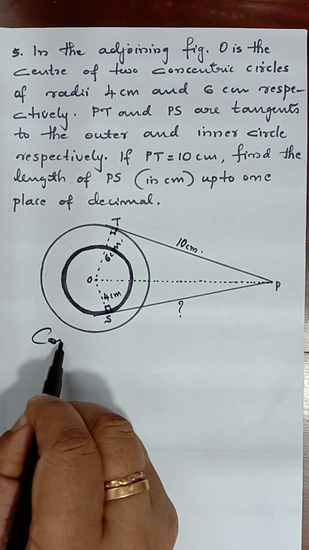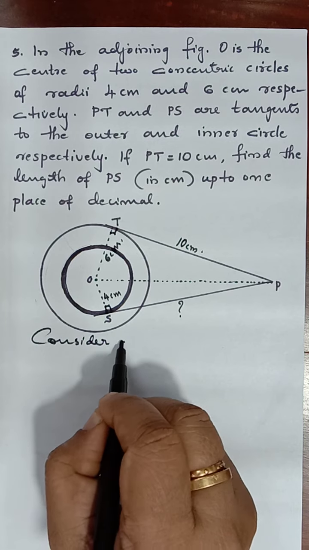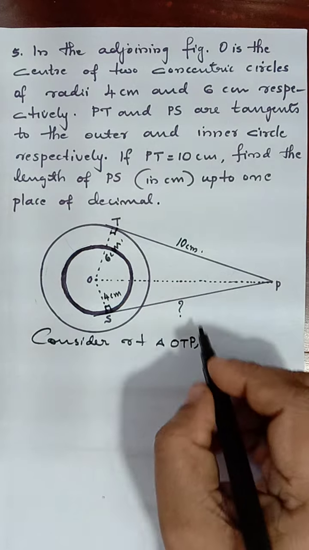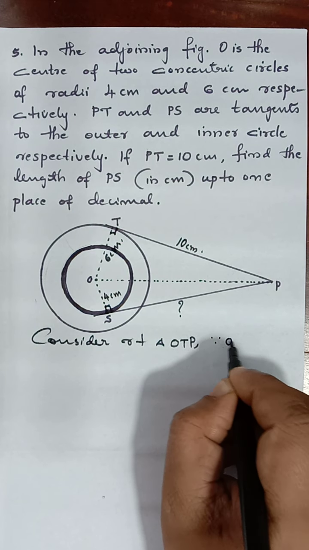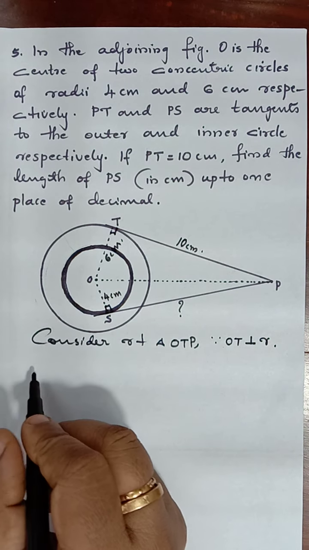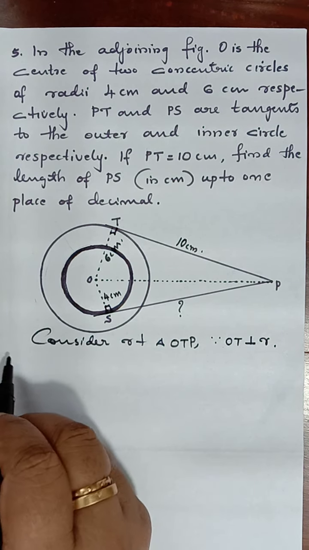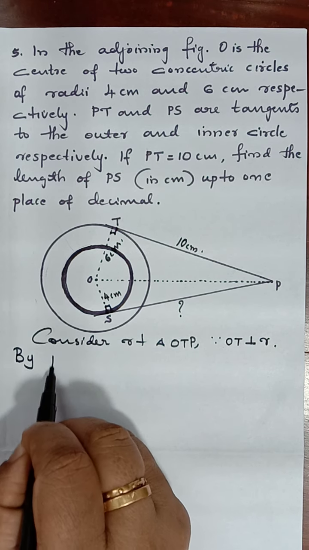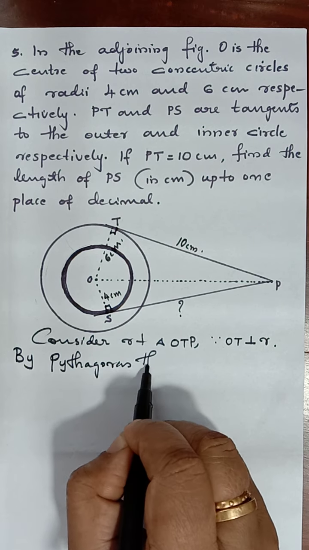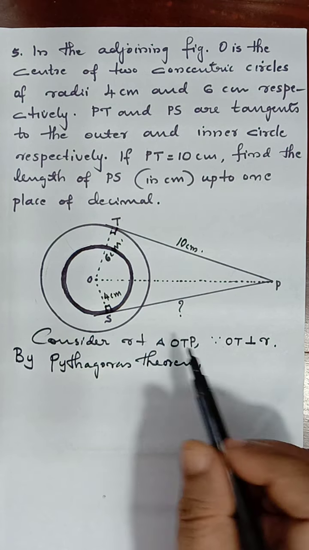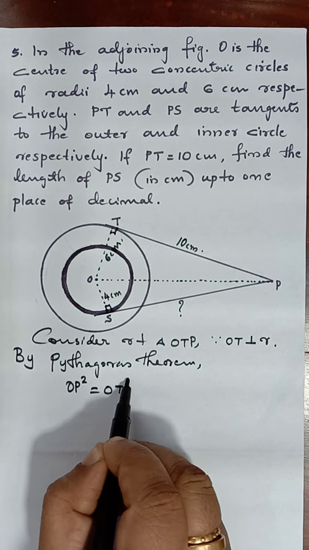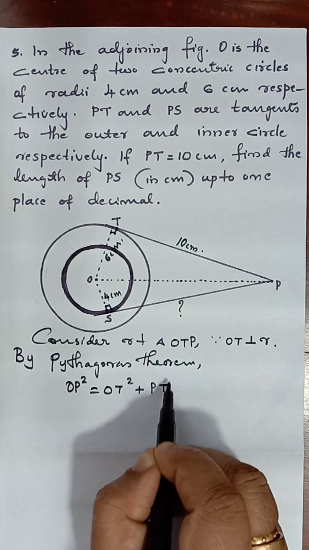So, we are going to consider right triangle OTP. Why is it a right triangle? Since OT is perpendicular to the tangent. Now let us consider OTP. By Pythagoras theorem, hypotenuse square, let us take, OP square is equal to OT square plus PT square.